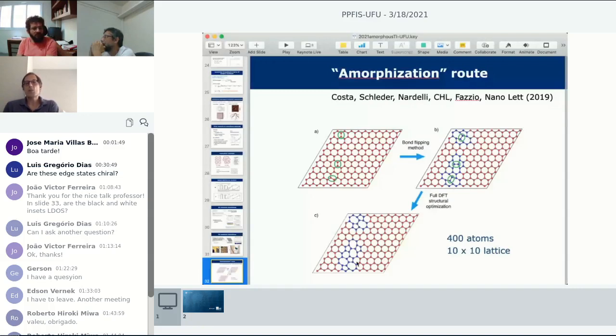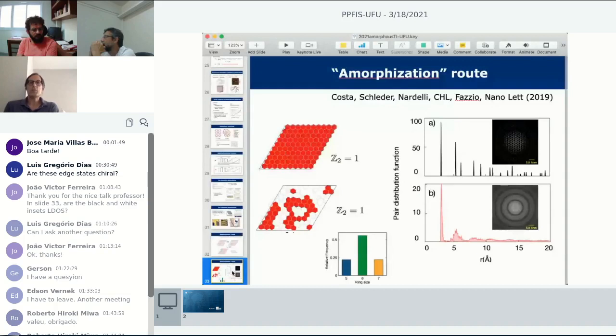And then after a while, you analyze what you got, and you got a very disordered structure. Back then, the computational capability was of treating a 10 by 10 atoms lattice, which was 400 atoms, because you have also hydrogens here to passivate the bismuth. So small lattices, actually. But even though being small, if you look at the pair distribution function, you see this nice thing.